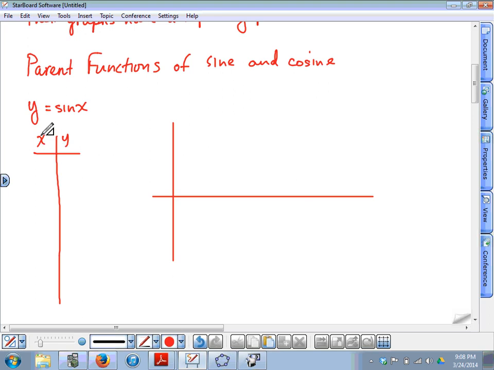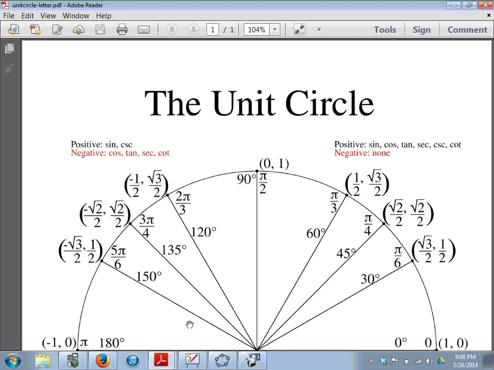Now you might recall the inputs for trig functions are angle measures. So this column is going to represent angle measures in radians. Everything's going to be graphed in radians. The output, if you remember from our discussion last time from section 5.1, I get a unit circle up here.